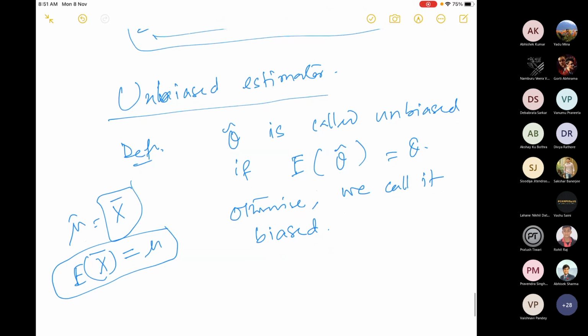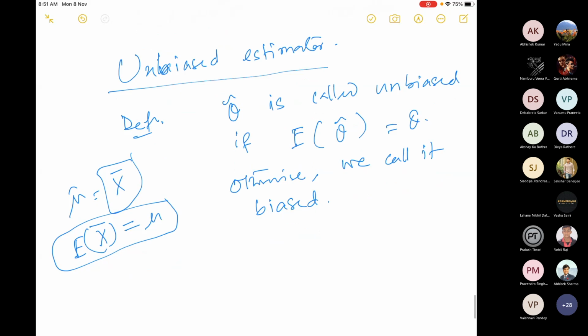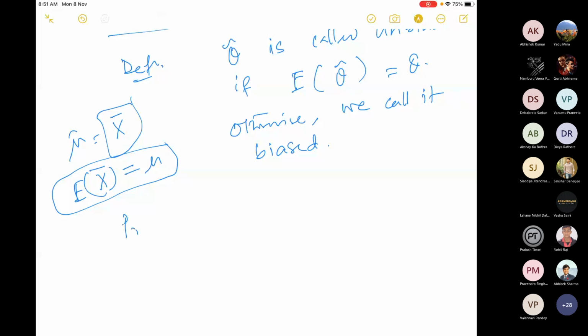Then the question would be: for the estimators which we discussed before, at least for the normal and the uniform, are these biased or unbiased estimators? I'll not go into much more detail about why the term bias comes from.